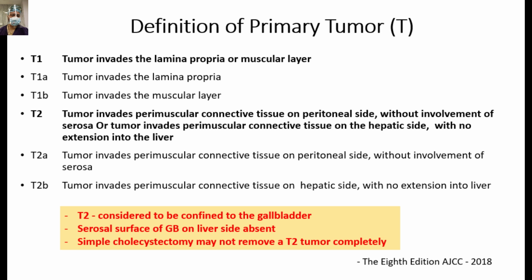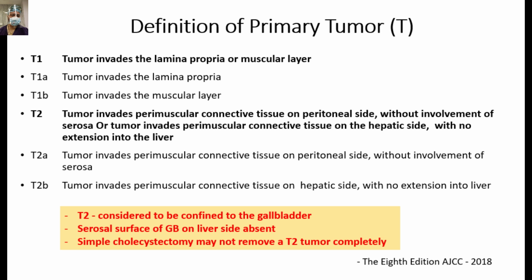So T2A is tumor invades perimuscular connective tissue on the peritoneal side, but there is no involvement of the serosa. Serosa is intact. And T2B is tumor invades the perimuscular connective tissue on the hepatic side with no extension into the liver. So it has already breached the cystic plate, but there is no involvement of the liver, and serosal surface is lacking.